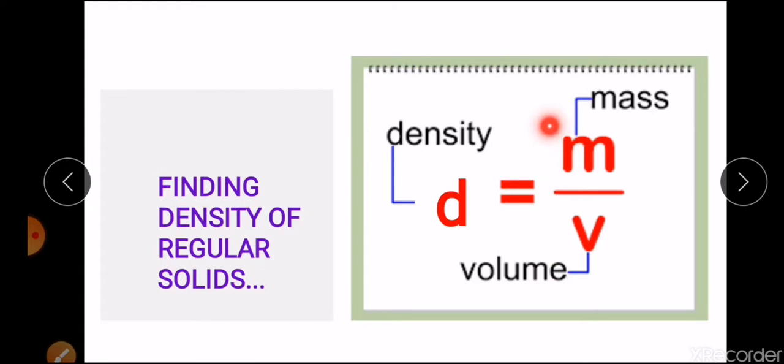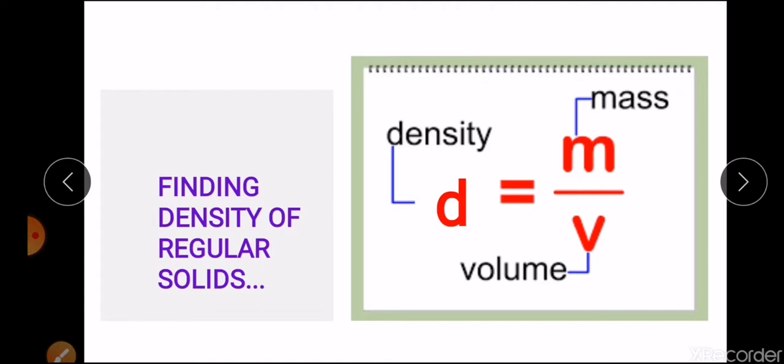Now the mass of any object you can find simply by using a common beam balance, right? If the mass is known, the volume you can calculate from direct formulas, and density you can calculate as mass upon volume. So this is how we can find it out for regular solids. For finding whether it be volume, area or density, it is very easy.